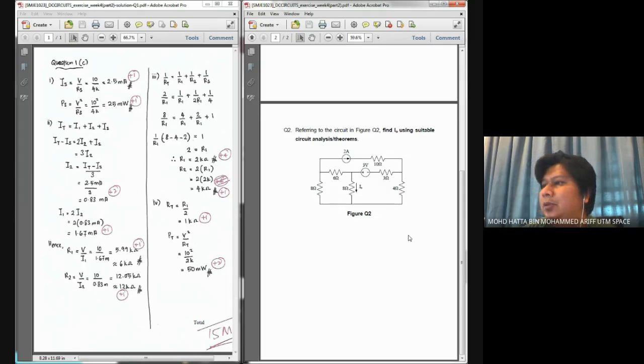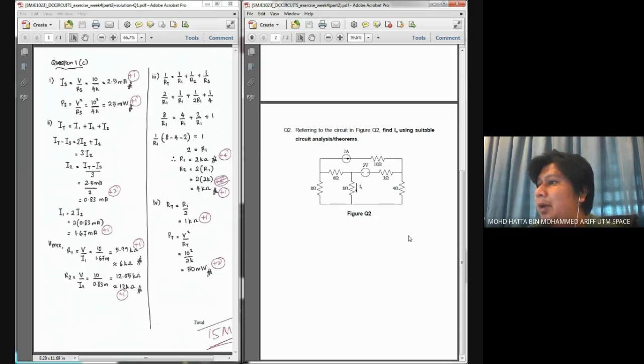If the question didn't ask about Thevenin, you don't need to set up your Thevenin equivalent circuit. But it is also one of the options. I'm not saying that you cannot use Thevenin theorem. Okay, thank you so much for the answer.